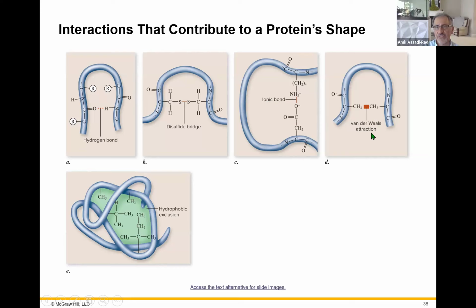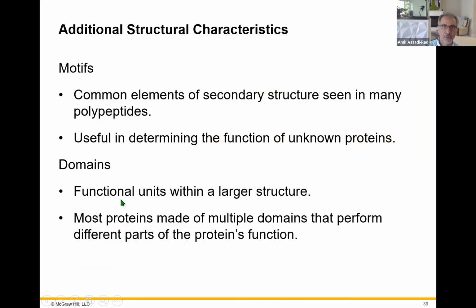The van der Waals one, we didn't talk about them. It is almost like a hydrogen bond. It's a force. Okay, but anyhow, and hydrophobic exclusion. Hydrophobic means it does not like water. This inside of the molecule does not like water.